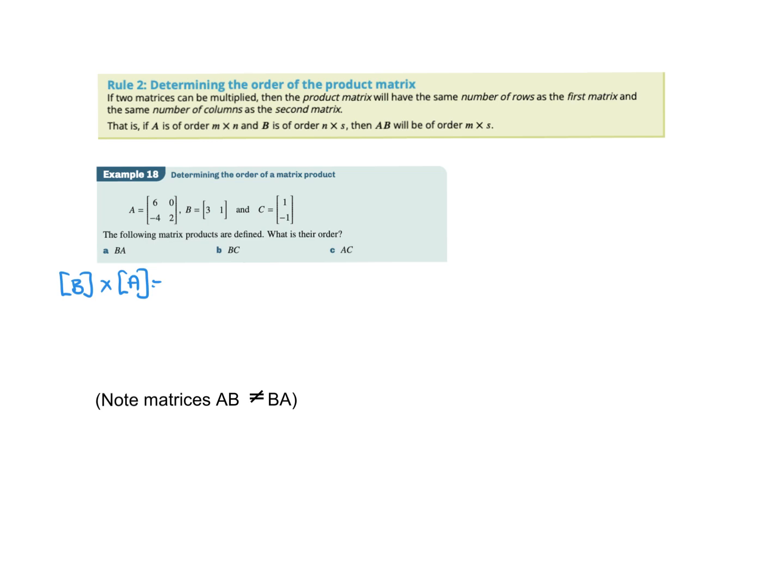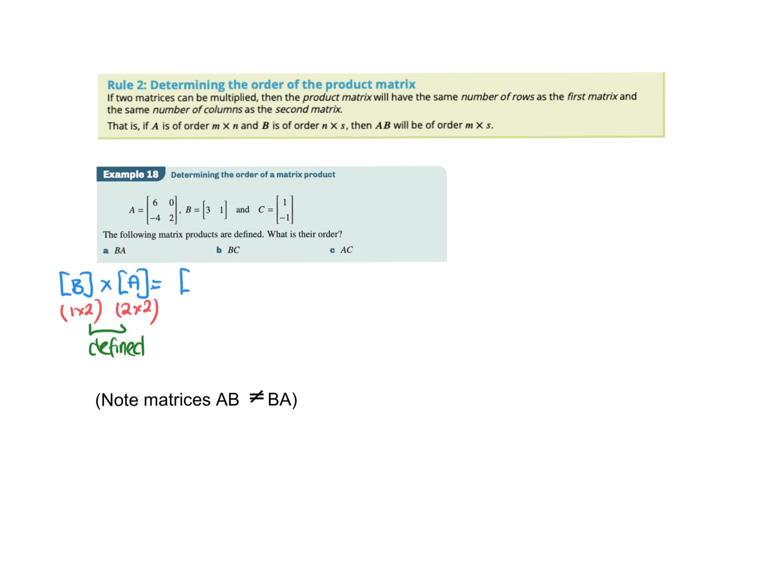So B was a 1 by 2 and A is a 2 by 2. So you say, yes, it's defined. Now they want you to write the answer. Sometimes they call it the product matrix because the two have been multiplied together.